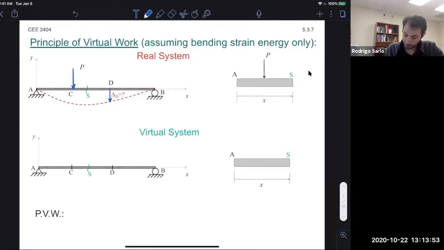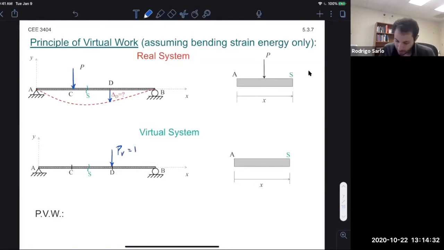So what do you think we need to do in the virtual system? Okay, P equal to 1, apply a load at D, apply a virtual load at D, good. Some teamwork there, nice. Yeah, so we apply a virtual load at D, PV equal to 1, right there.